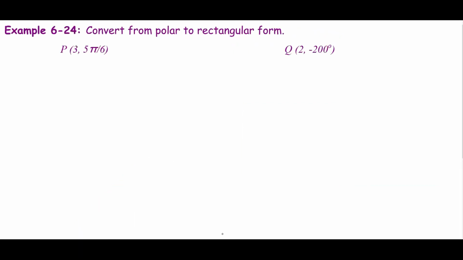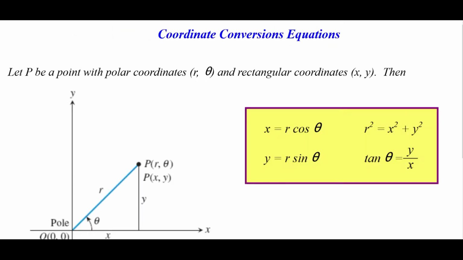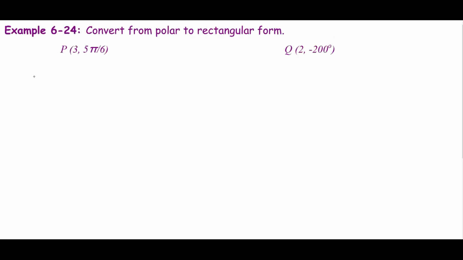Okay, if we're going to convert from polar form to rectangular form, I'm going to come back here for a minute. I want to find the rectangular form, so I want to find x and y, so I'm going to use these equations here. x is r, which is 3, times the cosine of 5 pi over 6. And y is 3 sine 5 pi over 6. Then we can either use the calculator or use our circle.